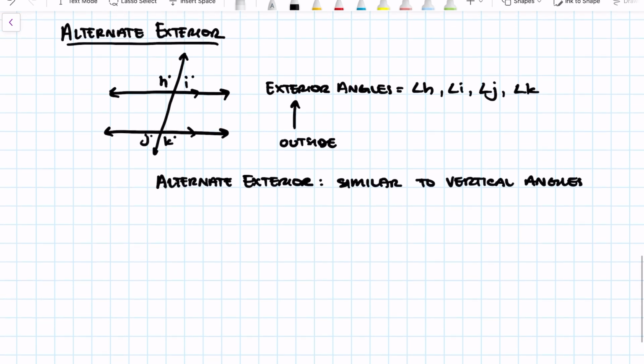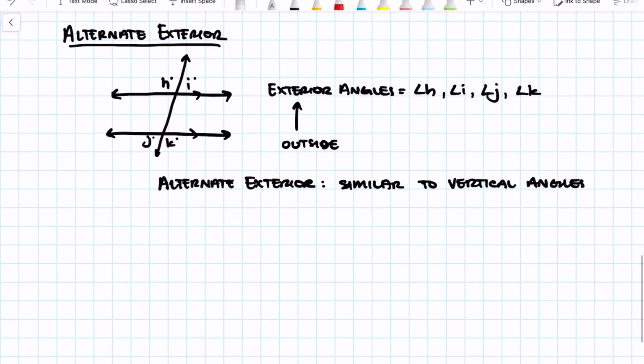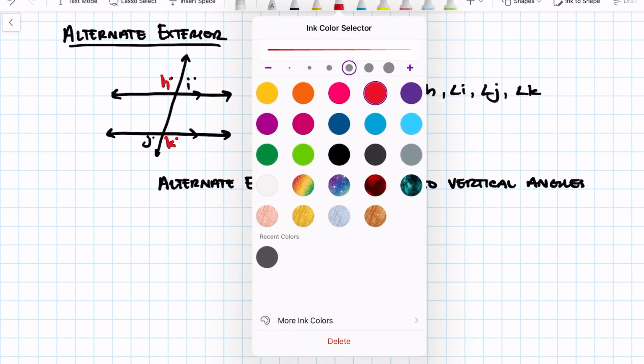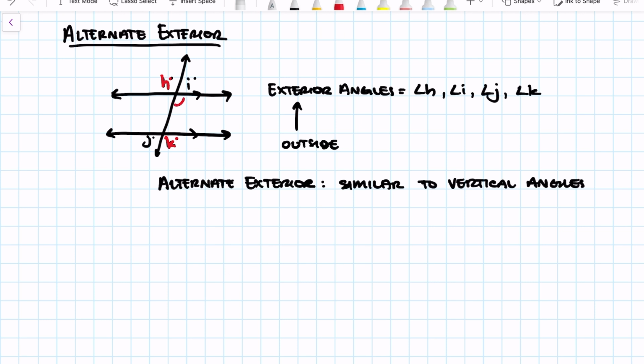So what do I mean by that? Well, in this case, we are saying that angle H and angle K should be the same. Now, how do I know that? Because I know that angle H and the one across from it, which is this angle right here, should be the same because they're vertical angles. And so if you notice, these two angles are similar to each other as well. And so therefore, angle H is equal to angle K.